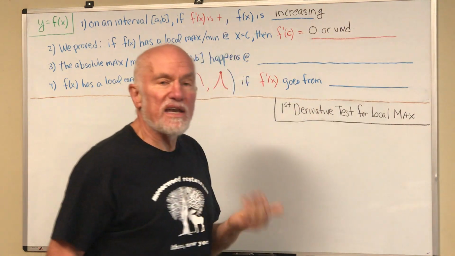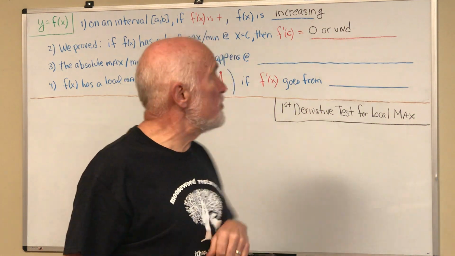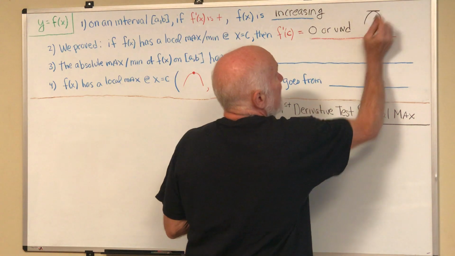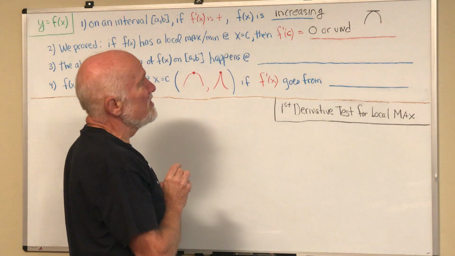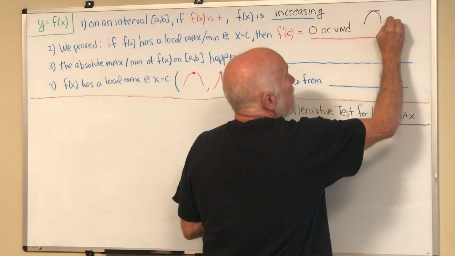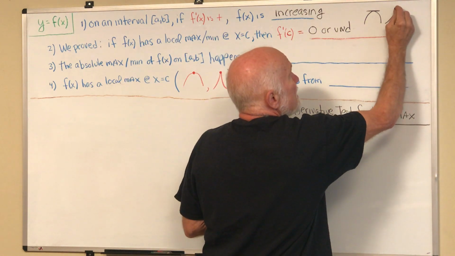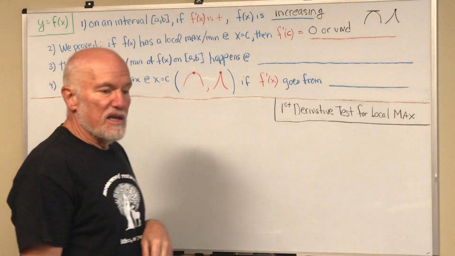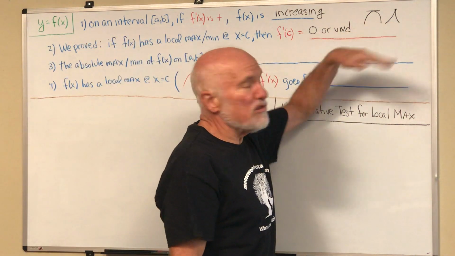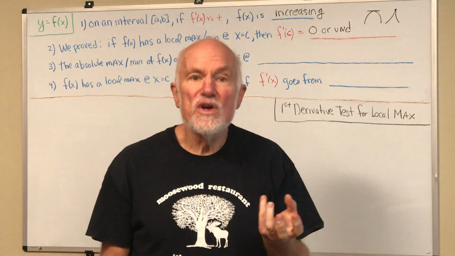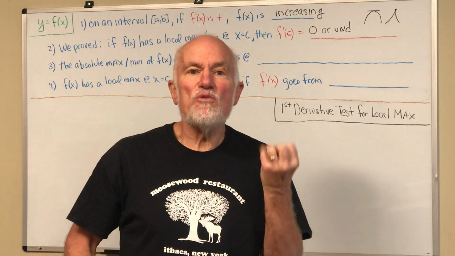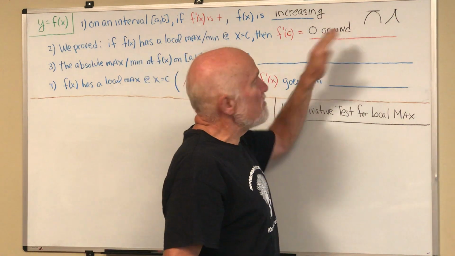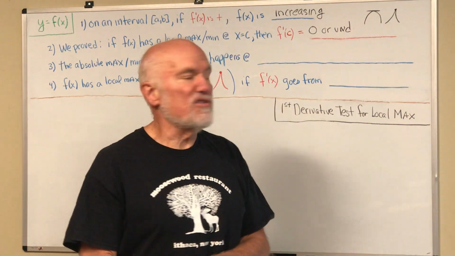So at that point x equals c, you either have to have a 0 derivative, like that, where it's a local max, or undefined. It's got to be one of those two cases. We knew it made sense that those were local max or mins, but we weren't sure that there wasn't some case we weren't thinking about. But now by proving it, we know that's the only place we ever have to go to look for local maxes and mins.